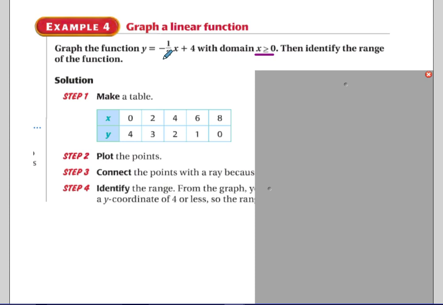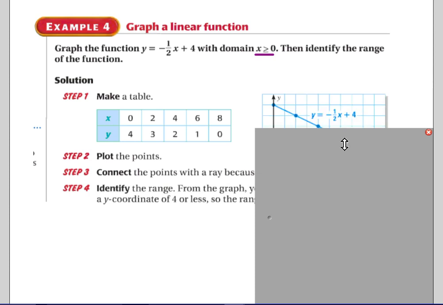They plugged their x values into the original equation and solved for their y values, which I'm assuming at this point you know how to do. Then we're just going to plot them. So we have (0, 4), (2, 3), (4, 2), (6, 1), and (8, 0) as my coordinate points.